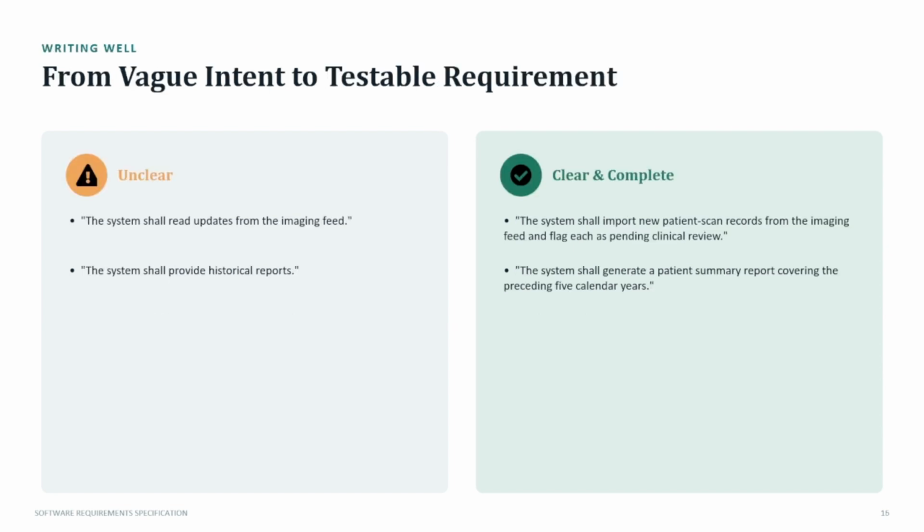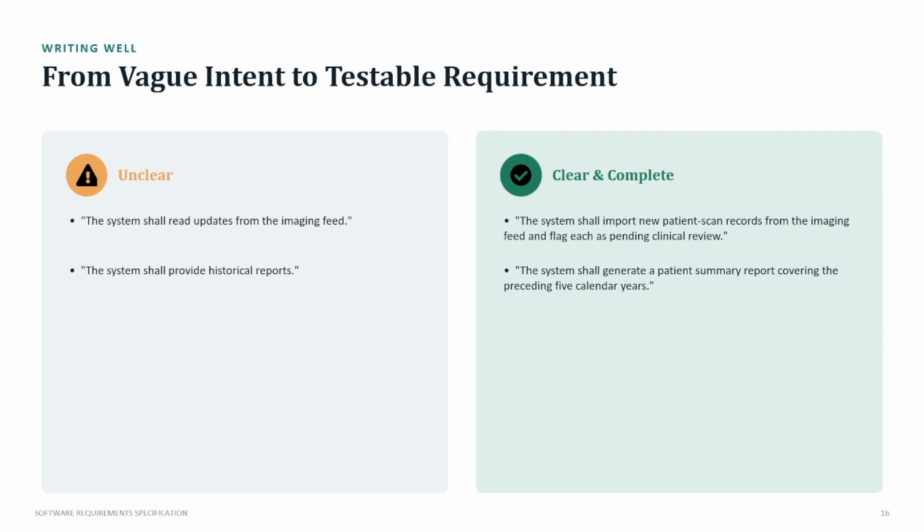Okay. From vague intent to testable requirements. We'll understand two things: one is unclear and the other is clear and complete. In unclear: the system shall read updates from the imaging feed; the system shall provide historical report. It doesn't give you any concrete answer, right? It's ambiguous.